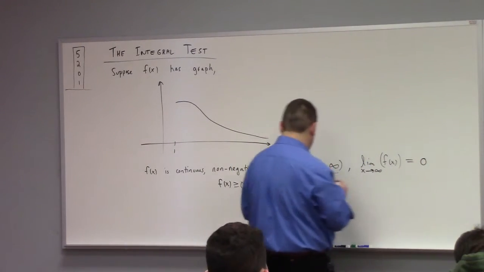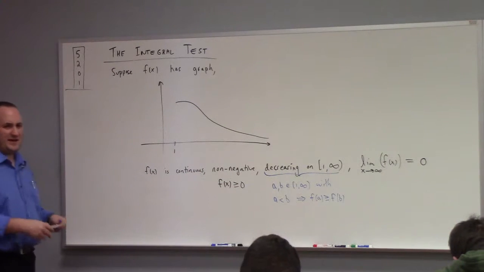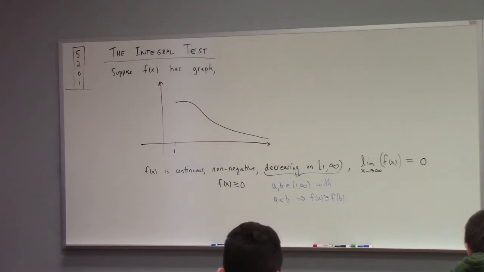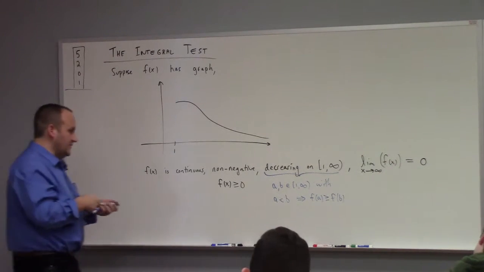Now, this thing I wrote in blue, it's not how you guys think. How do you guys think about decreasing? What did we teach you in Calculus 1? How do you check decreasing for a function of a continuous variable? Slope is negative, right?